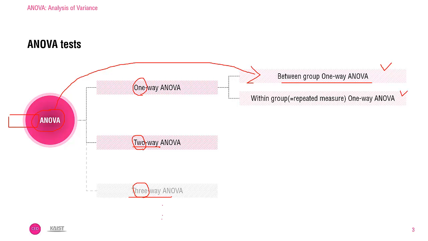In color study, the 3-way ANOVA is somehow inevitable because, as you know, a single color has 3 independent attributes. So in analyzing the color data, we frequently use 3-way ANOVA test for analyzing the data.